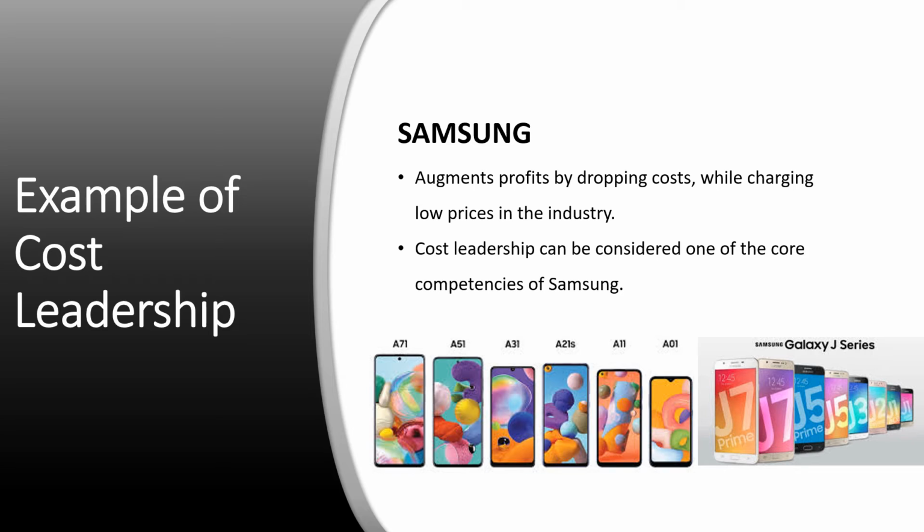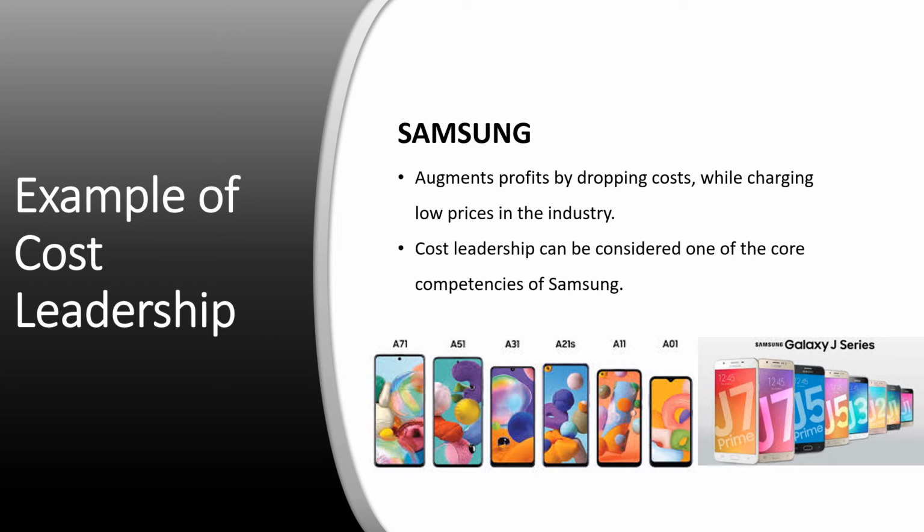Samsung was established in 1938 as a trading company, but grew to be a 211 billion US dollar company in 2017. In this category, Samsung augments profits by dropping costs while charging low prices in the industry.